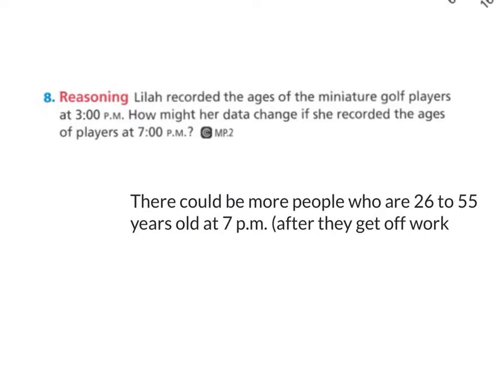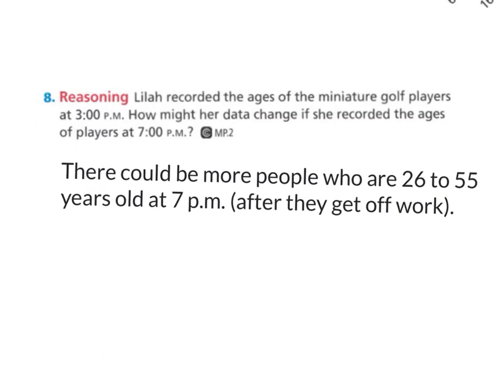Okay, and again, that's a generalization. Everybody has different hours that they work in different situations, but just an option of what might happen here.